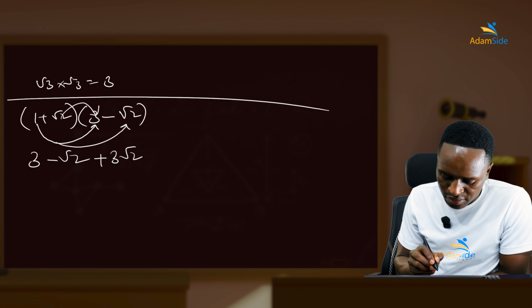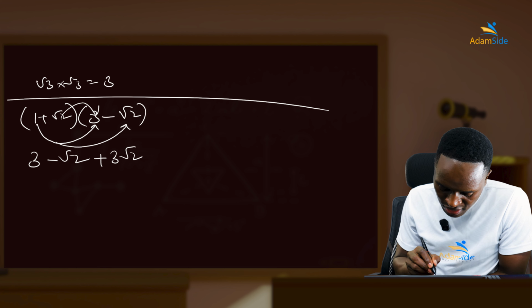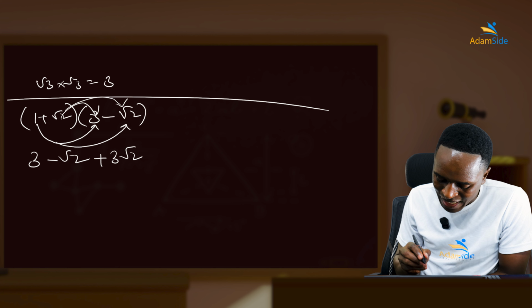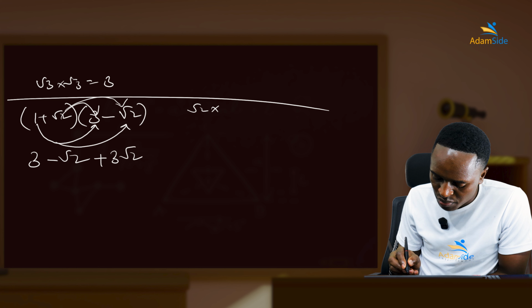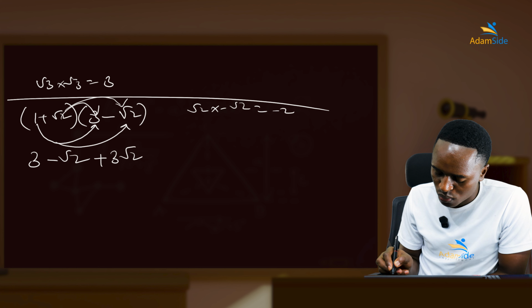And then root 2 times minus root 2 is minus 2.